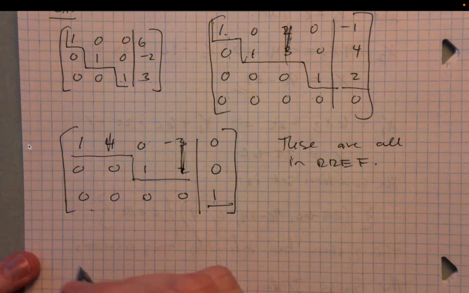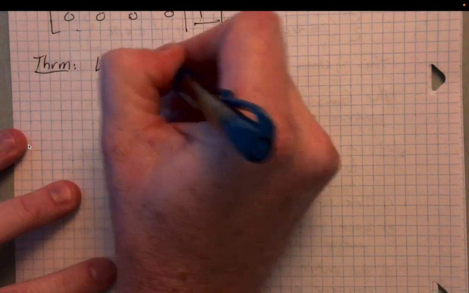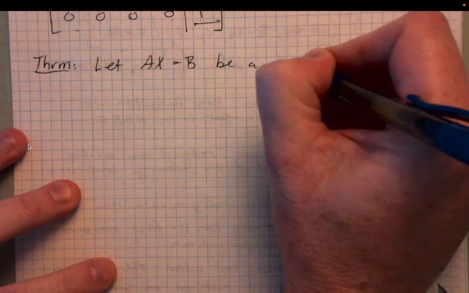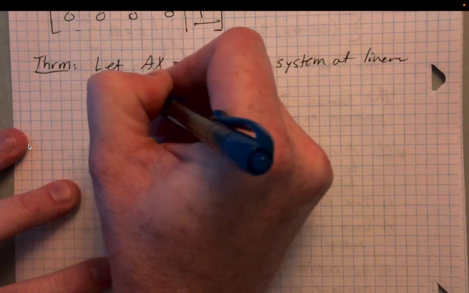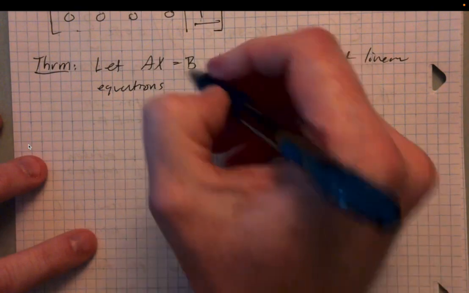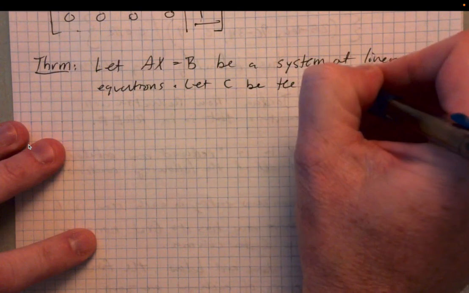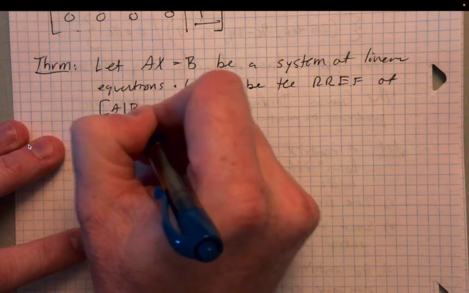Okay, the following result, I'm going to call it a theorem. Let AX equal B be a system of linear equations. Let C be the reduced row echelon form of the augmented matrix AB.